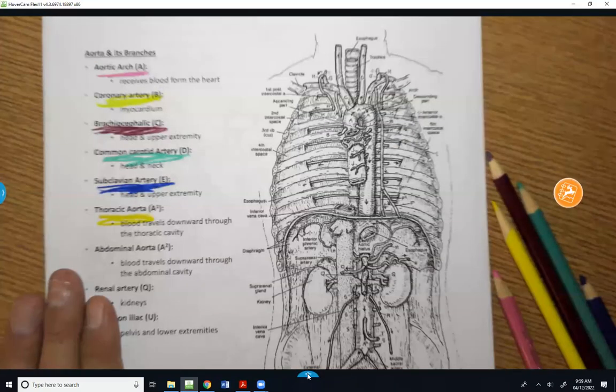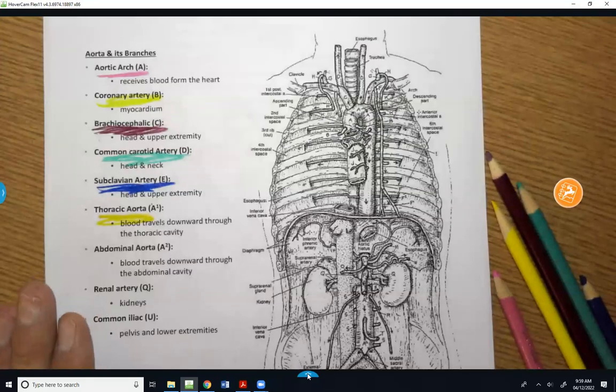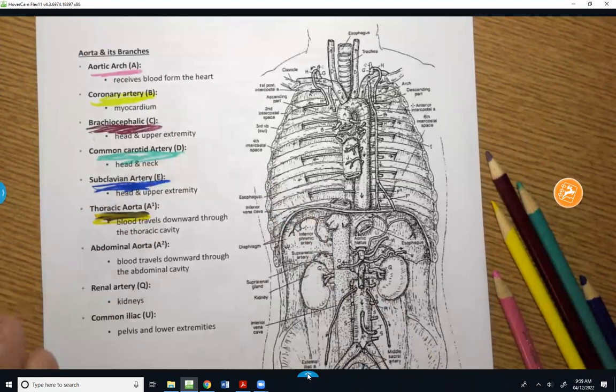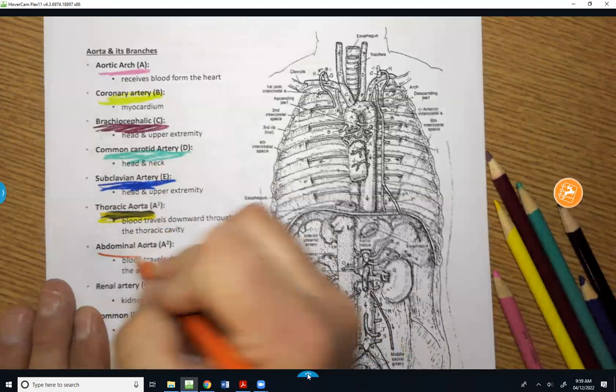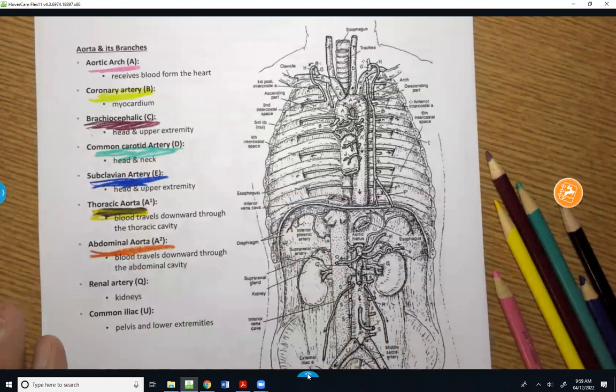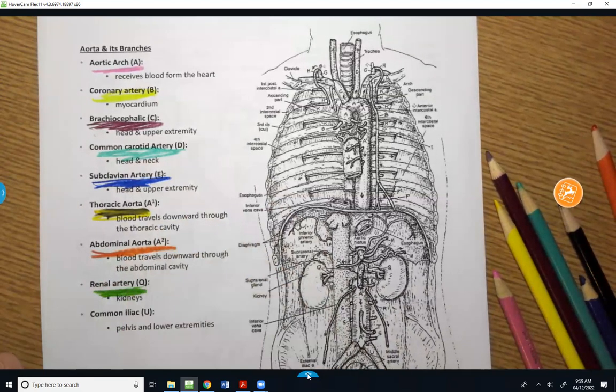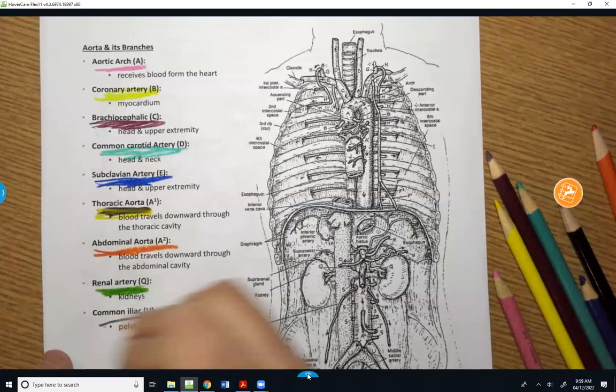I put that peach. Sorry, let me grab a different color. Let's do black. All right, that's black for the thoracic aorta, sorry. Abdominal aorta, let's go orange. Dark green here for the renal. And then gray for the common iliac.